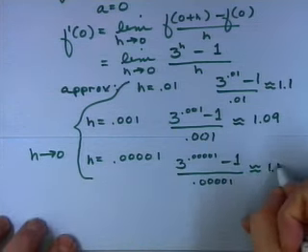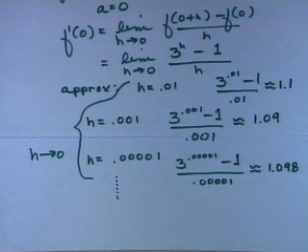Now, if we continue this process of letting h get smaller and smaller, we would actually converge on the value natural log of 3. Somebody punch that in your calculator. What's the natural log of 3? 1.0986.